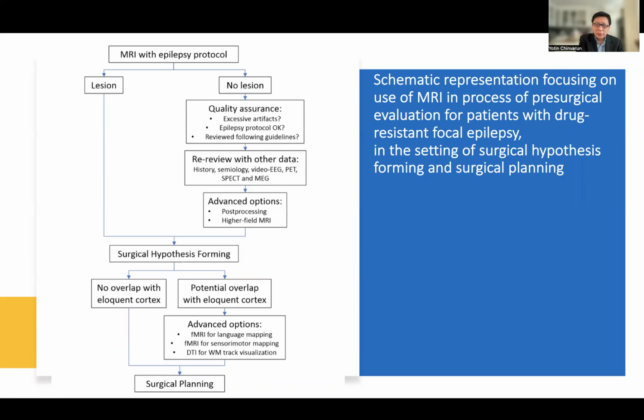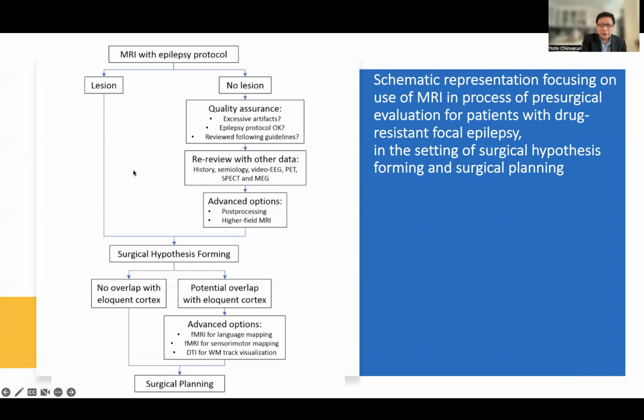After that, if you still get no lesion, you might review and correlate with other data, for example, clinical semiology, video EEG data, PET scan, SPECT, and MEG. You can also use advanced techniques for processing neuroimaging, for example, co-registration, subtraction, or algorithms with high techniques to identify whether there is a lesion or not.